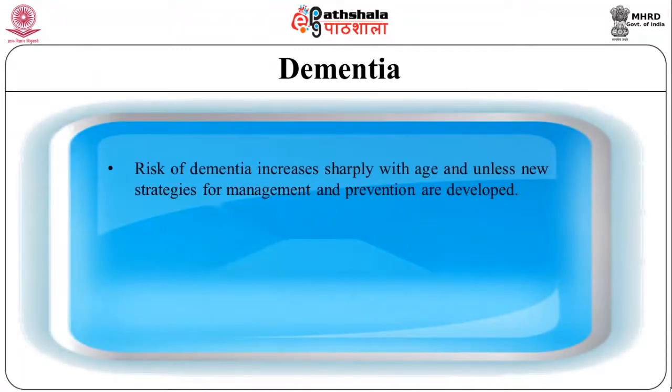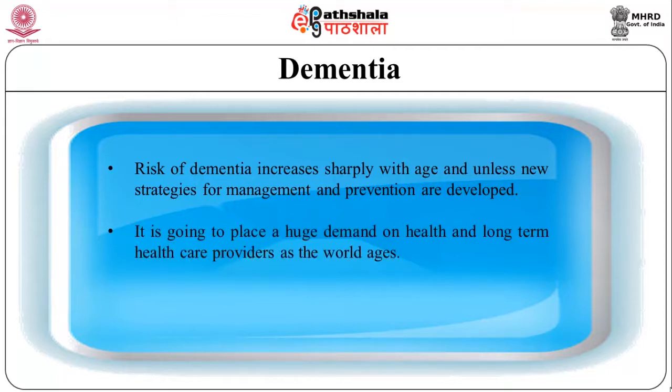The risk of dementia increases sharply with age, and unless new strategies for management and prevention are developed, it is going to place a huge demand on health and long-term health care providers as the world ages.